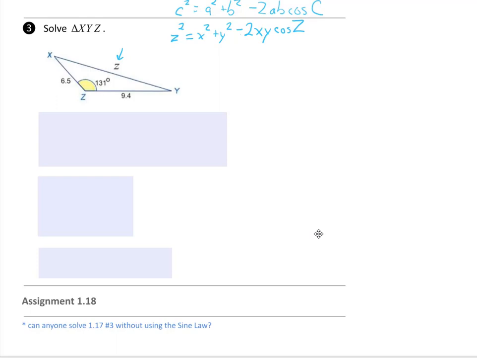So now that we have this formula, we can start subbing in all the parts. X is going to be 9.4. Y is going to be 6.5. However, if you mix them up and you put Y where X is and X where Y is, that's not going to matter. Your math is going to work out. The one thing that you should really note, though, is because we're trying to find Z here, like I highlighted earlier, Z is very important where you place it.